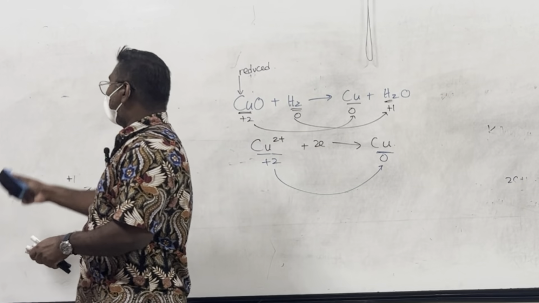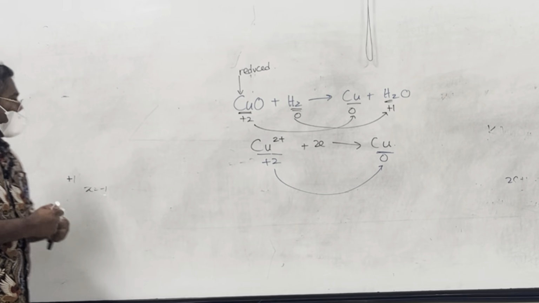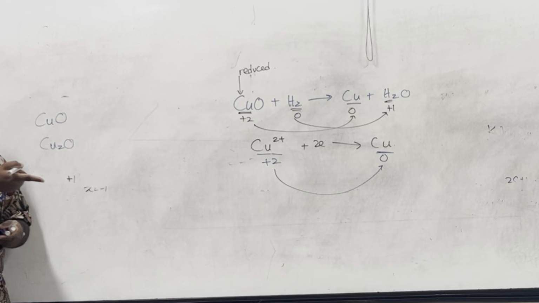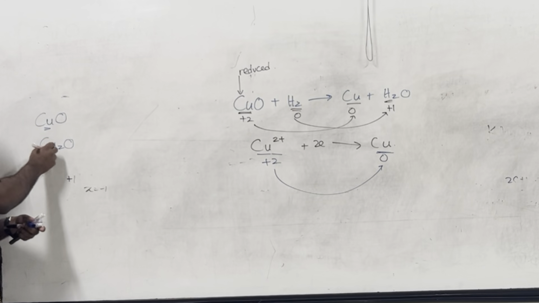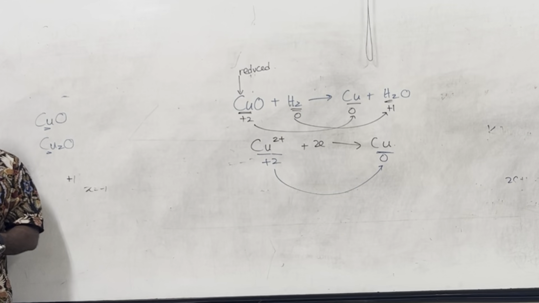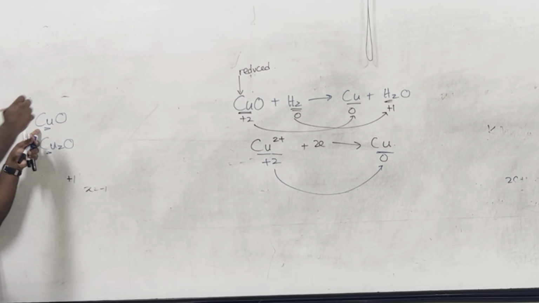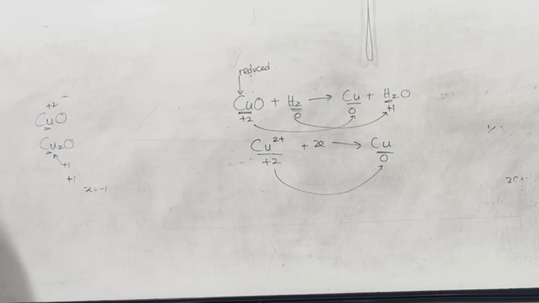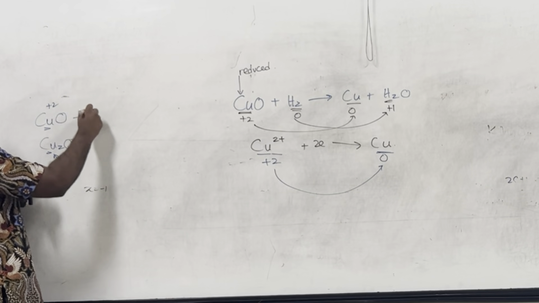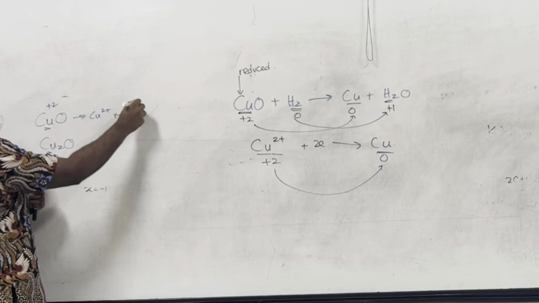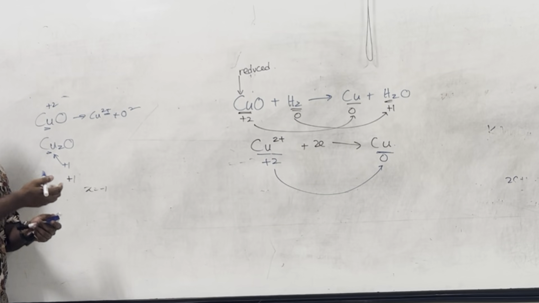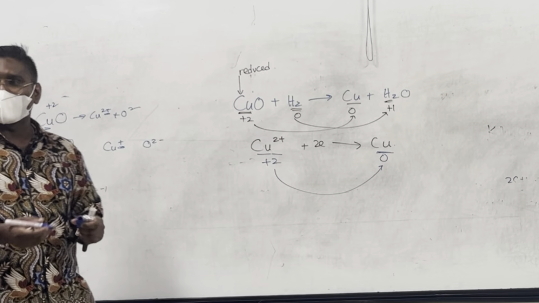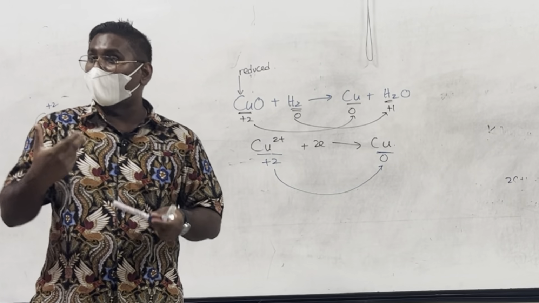Even though they are transition metals, CuO and Cu2O within themselves are also different. The oxidation number of this is +2, and of this is +1. But this one is Cu2+, so it already follows the charge. This one is Cu+ and O2-, follow the charge, +1. You just need to follow the charge.